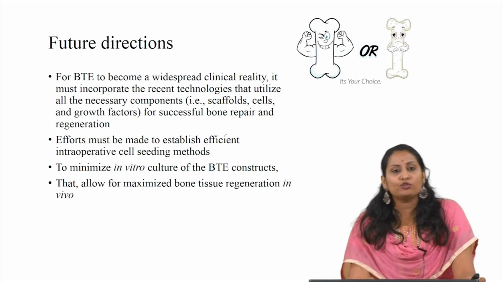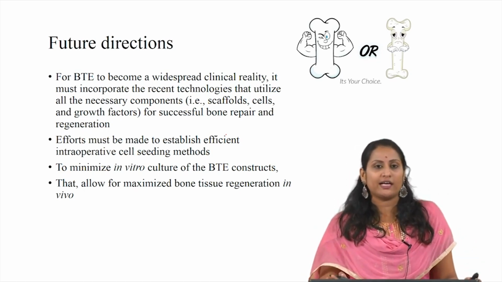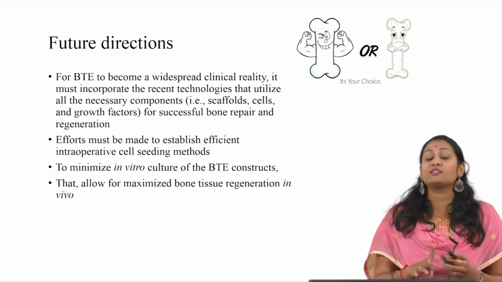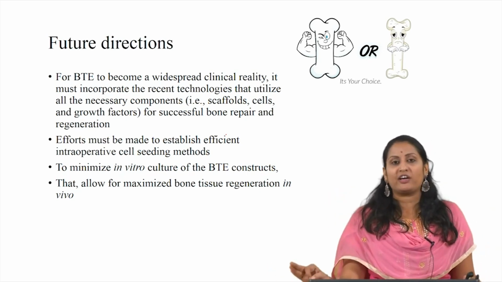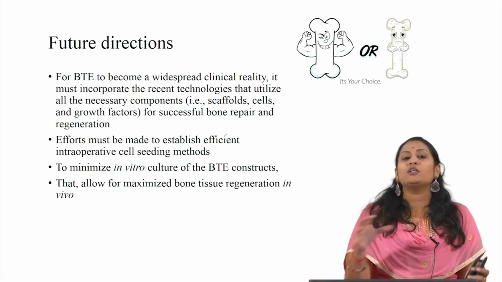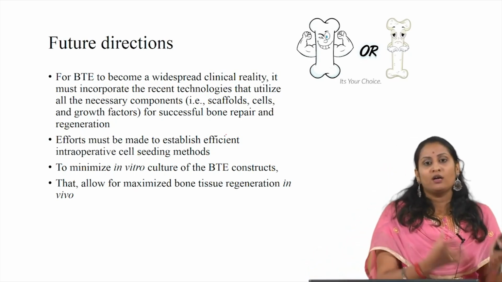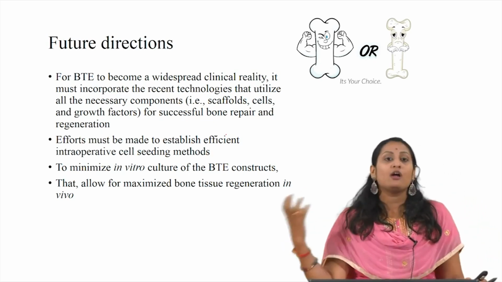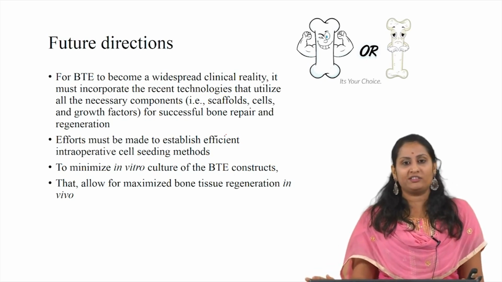So, in future direction, for bone tissue engineering to become a widespread clinical reality, it must incorporate the recent technologies that utilize all the necessary components like scaffolds, cells and growth factors. So we need to utilize all the new recent technologies in order to develop the best, ideal scaffold, also seeded with cells, and also with growth factors for successful bone repair and regeneration.